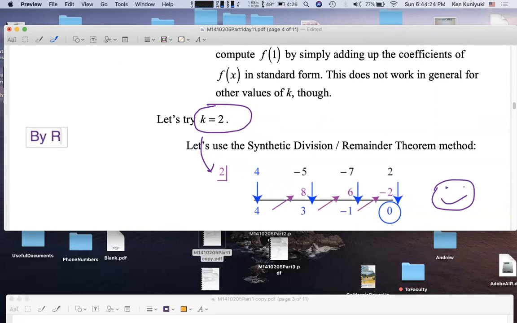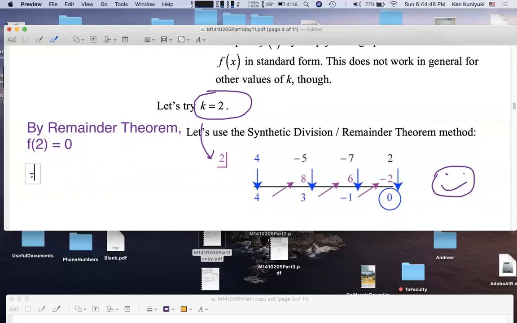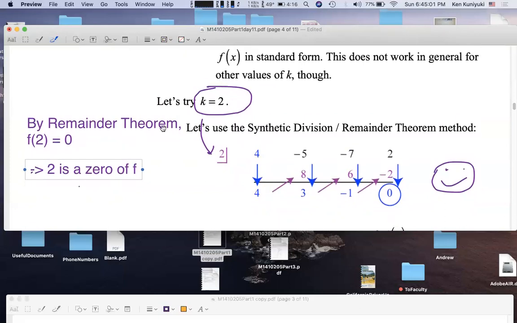By the remainder theorem, remember that? By the remainder theorem, we can then conclude that f of 2 is 0. Remember, in general, f of k equals r, the remainder. Here, f of 2 equals 0. Which means that 2 is a 0 of f. If f of 2 equals 0, then by definition, 2 is a 0 of the function f. Which means what has to be a factor of f of x?